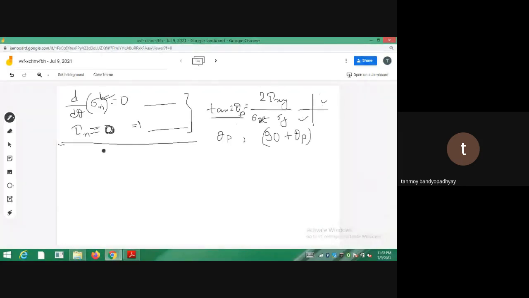In order to find where the shear stress will be maximum, let's put d by d theta of tau n equal to 0. So what is the expression for tau n? You have just seen the expression for tau n, let me just write it down.